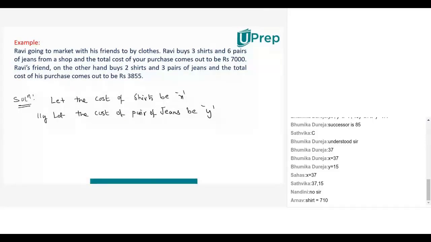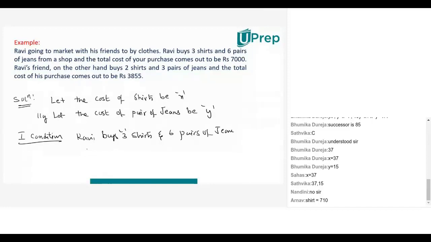Now, according to the first condition, Ravi buys 3 shirts and 6 pairs of jeans.